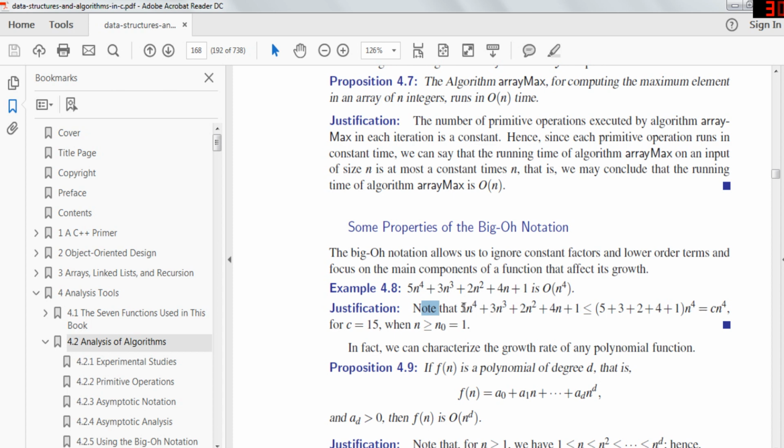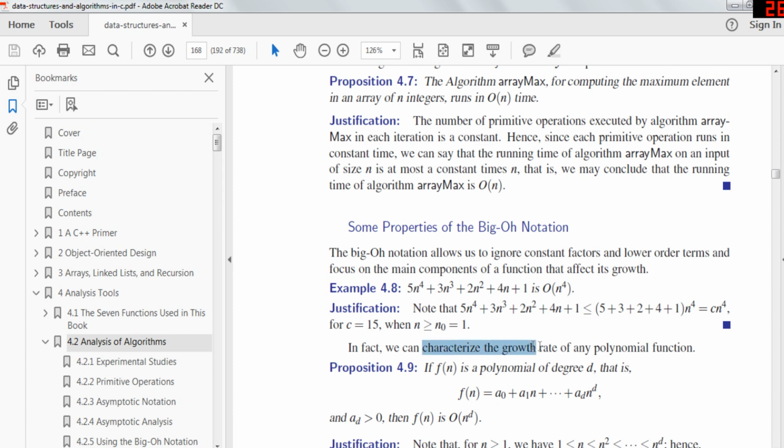Note that 5n to the 4th plus 3n cubed plus 2n squared plus 4n plus 1 is less than or equal to 5 plus 3 plus 2 plus 4 plus 1 times n to the 4th, which is a constant times n to the 4th, where c is equal to 15 when n is greater than or equal to n naught, which is equal to 1. Okay, so this is saying this is less than this term when you add them all times n to the 4th. Okay, that's what they're saying.